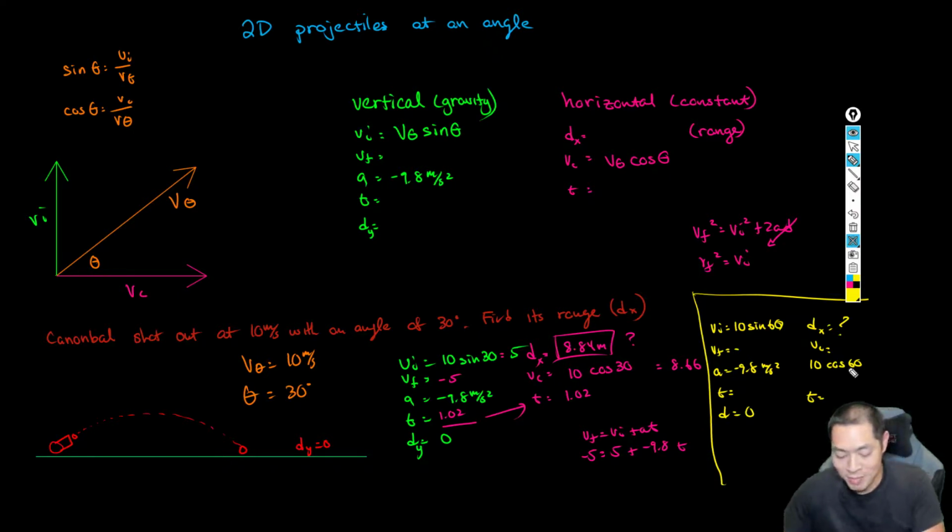Cosine of 60, I believe, is a half. So that means VX is equal to 5. I'm sorry that I wrote it down, it just didn't have enough room. Sine of 60 should be 0.886, or sorry, 0.866. So times 10, you get 8.66.